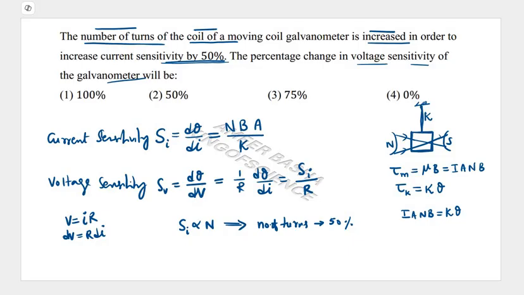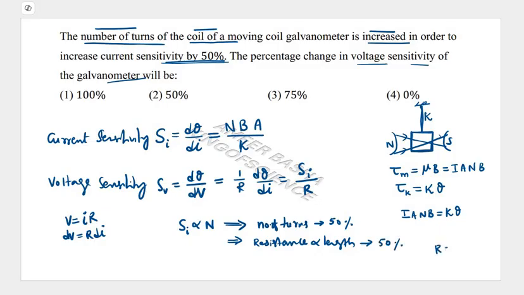So when the number of turns is increased by 50%, what will happen? Resistance also increases by 50%. Resistance is directly proportional to the length. When the number of turns is increased, indirectly the length is increased. So that means resistance also increases by 50%.